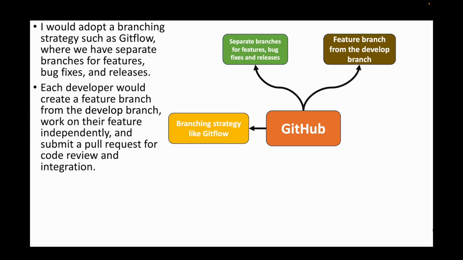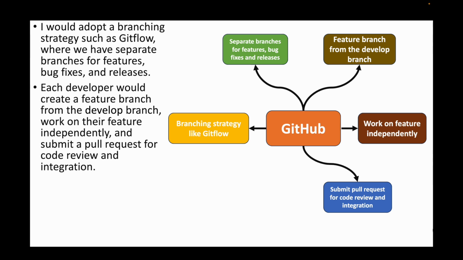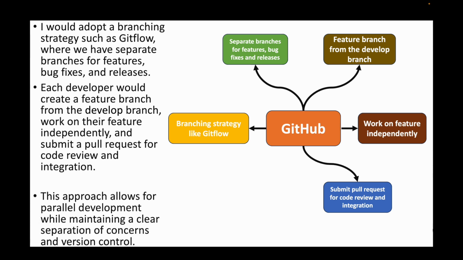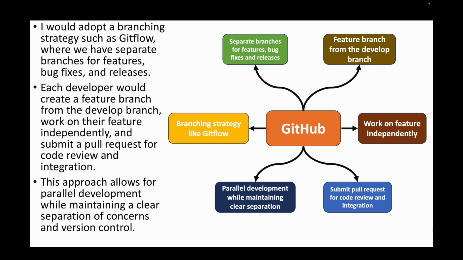Now each of the developers will create a feature branch for their work from the develop branch and then start working on their feature independently, and once the work is completed, they will submit a pull request for code review and then integration of their changes. Now this approach will allow for parallel development while also maintaining a clear separation of concerns and version control.